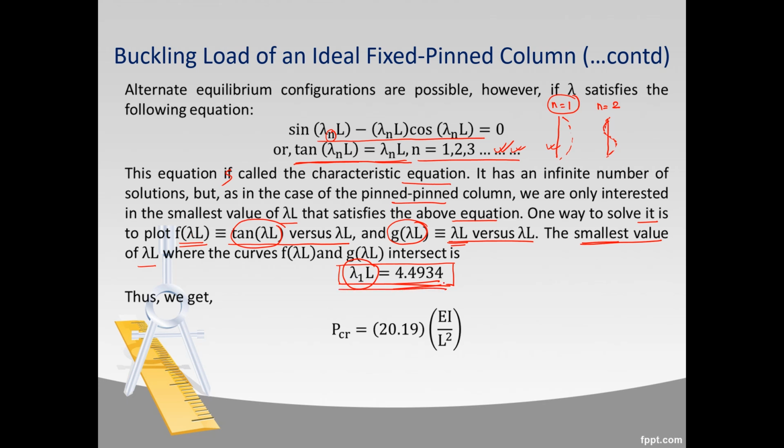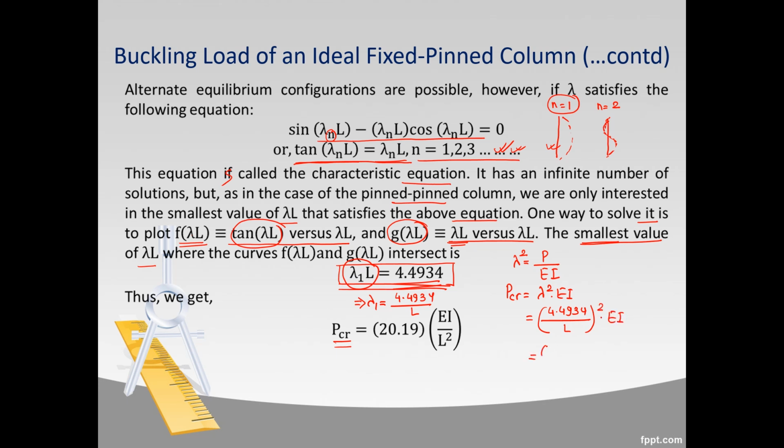Using this value, now let us find the value of the critical load here. We know that lambda square is given as P by EI. If you get the value of lambda_1 from here, that will come out to be 4.4934 divided by L. So to get the value of P_CR, lambda square into EI, that means (4.4934 over L) square into EI.